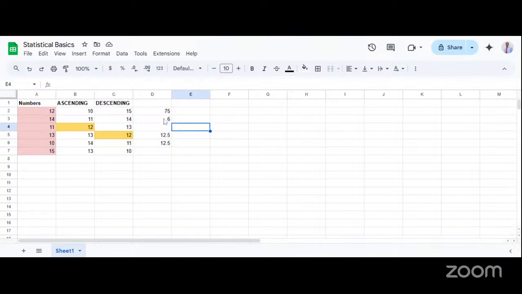But when it became an even number, it means that we had an exception to how we were supposed to calculate. So if the number of values in a set turns out to be an even number, 10, 12, 14, 6, 4, and all those, you arrange it in sequential order, be it ascending or descending.